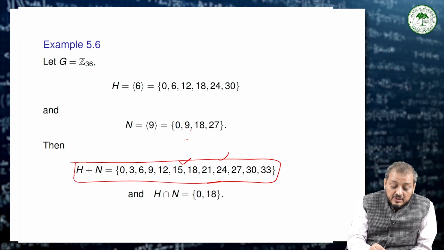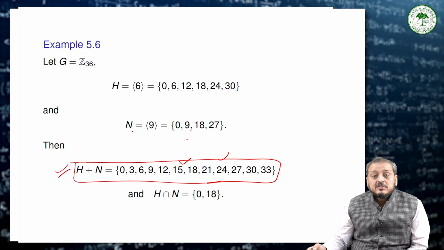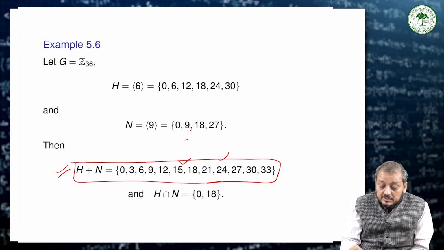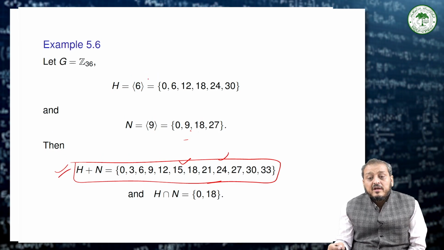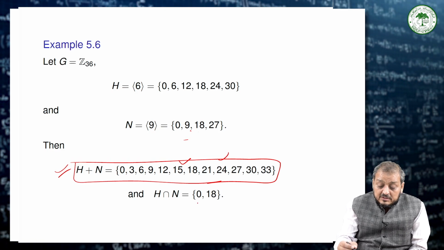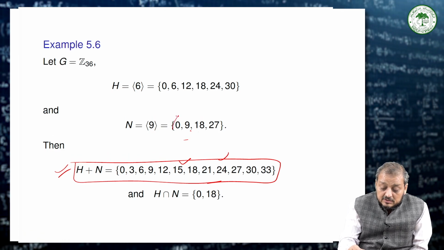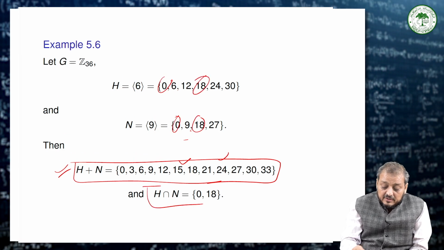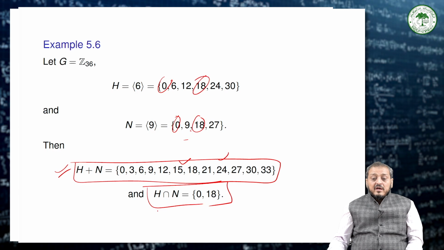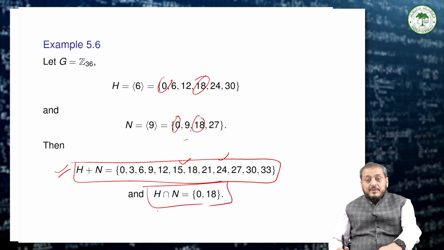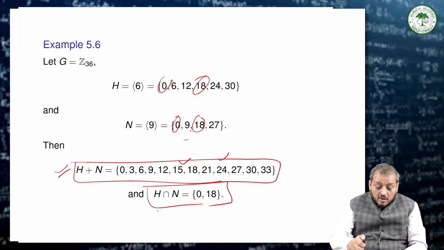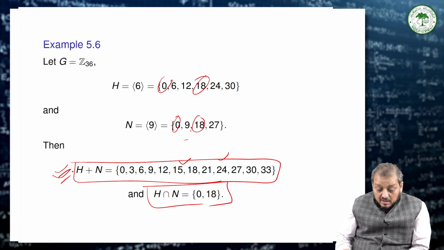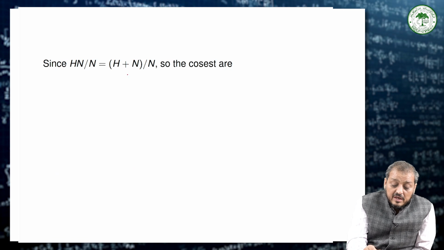If we take the sum of these two, H plus N, we have 0, 3, 6 and so on. Now the intersection of these two is 0 and 18, so two elements, 0 and 18, are in the intersection.